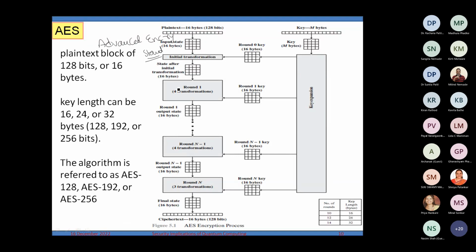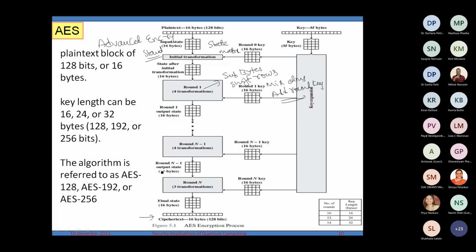You take the plain text and put it in the form of a state matrix, then apply 4 types of transformations: substitution of bytes, shifting of rows, mixing of columns, and add round key. These 4 transformations are repeatedly performed for a certain number of rounds, and finally we get a ciphertext.